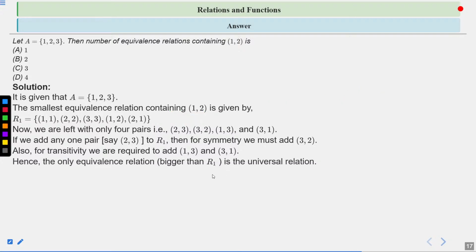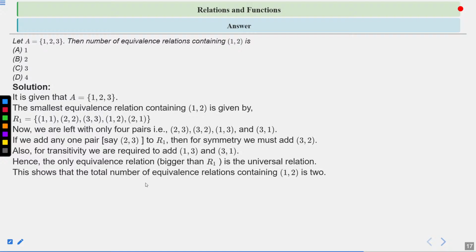Hence the only equivalence relation bigger than R1 is the universal relation. That is, we are adding all the remaining elements in this relation. Therefore the relation will become an equivalence relation.